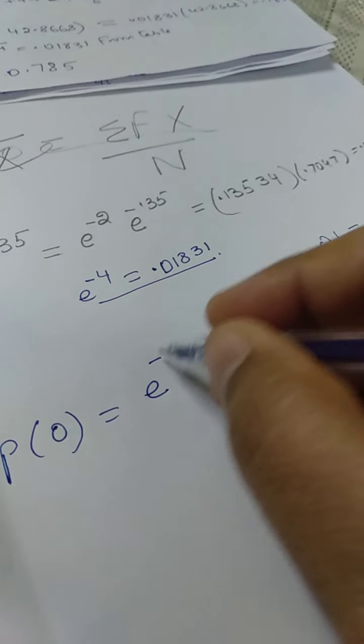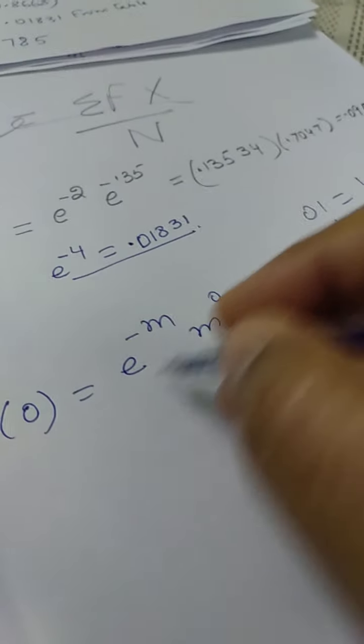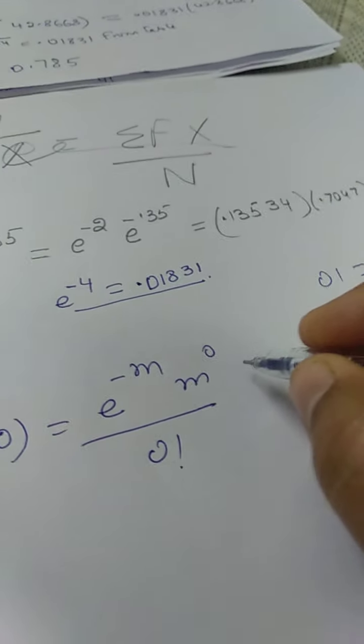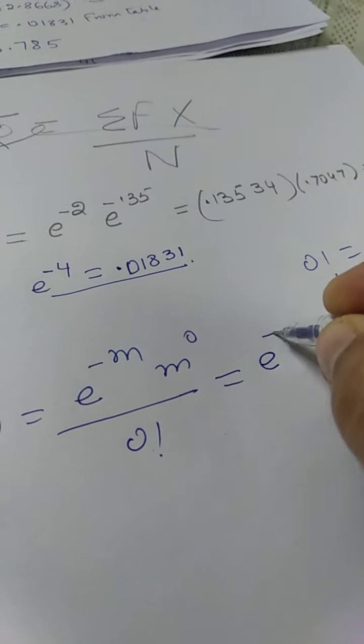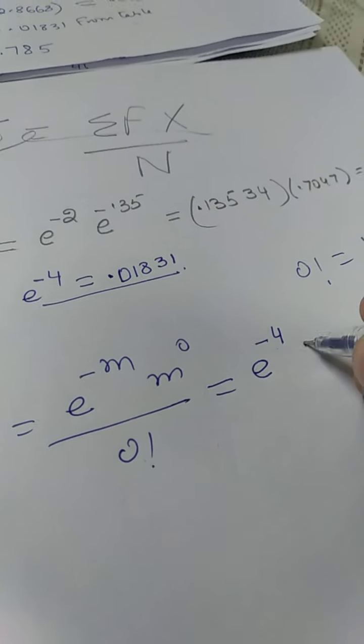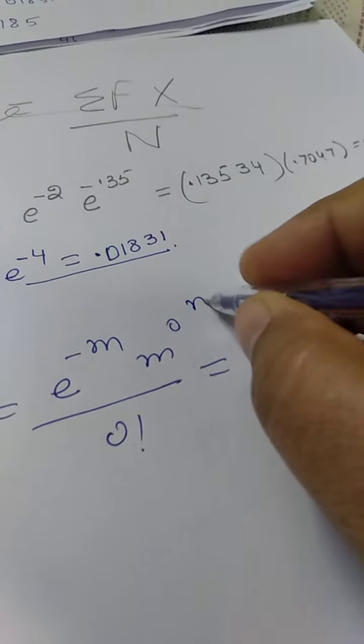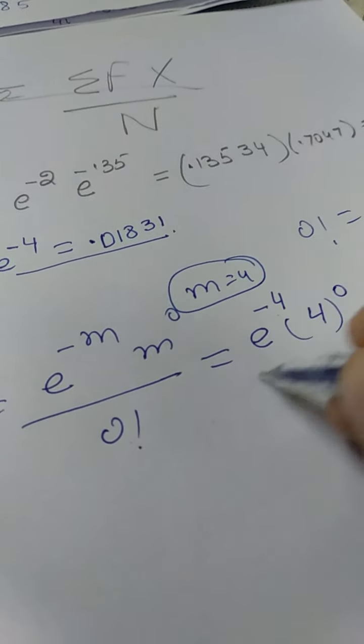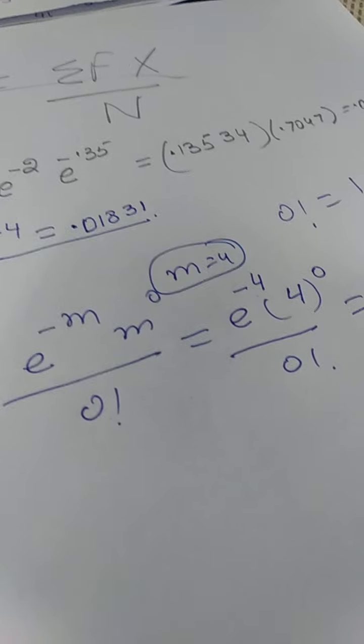It is e raised to power minus m, m raised to power 0 over 0 factorial. And in our example, it is equal to e raised to power minus 4, because m is 4, 4 raised to power 0 over 0 factorial. So what you will get? Only e raised to power minus 4.